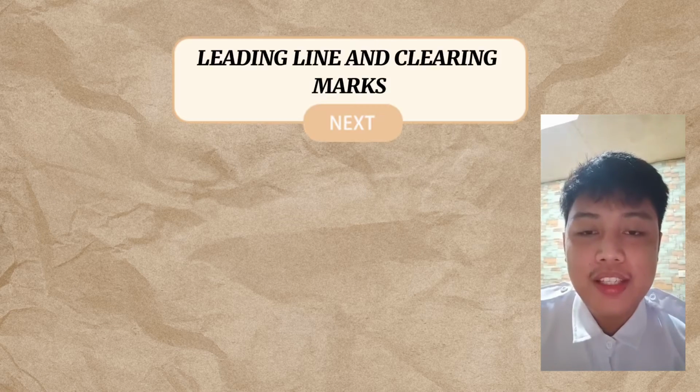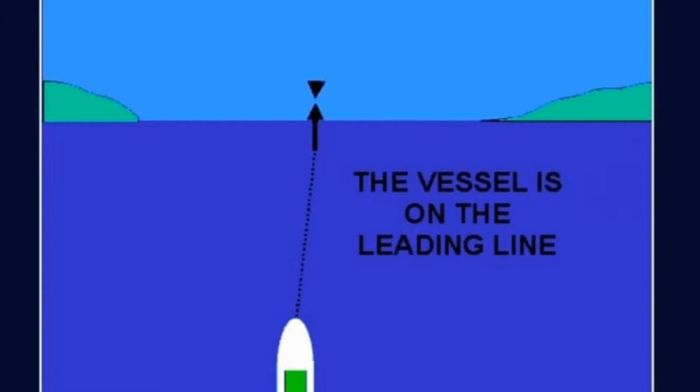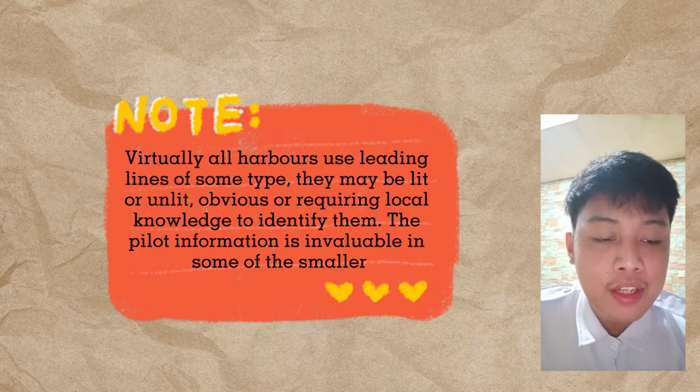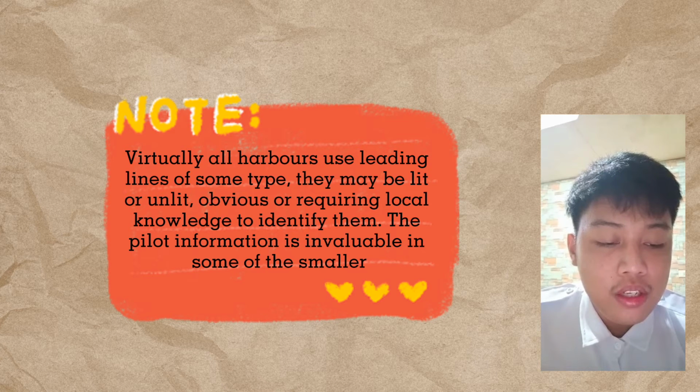Our fourth topic is leading lines and clearing marks. Leading lines. Virtually all harbors use leading lines of some type. They may be lit or unlit, and their use may require local knowledge to identify them. The pilot information is invaluable in some of the smaller harbors.